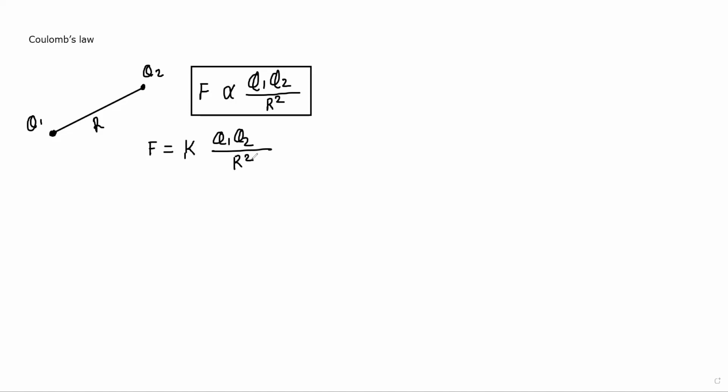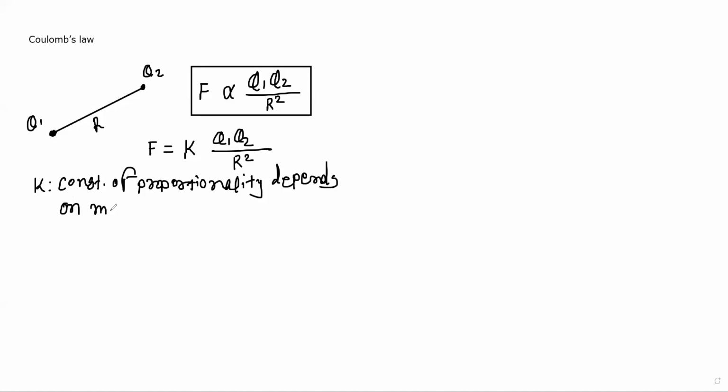Now, what is this K? K is nothing but the constant of proportionality. K is a constant, and on what parameter does it depend? It is a constant of proportionality, and it depends on the medium.